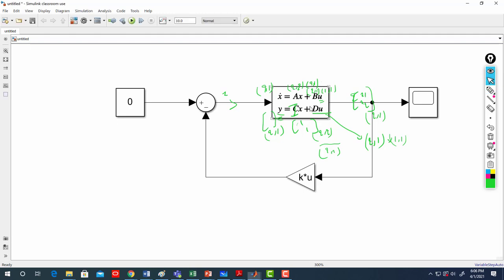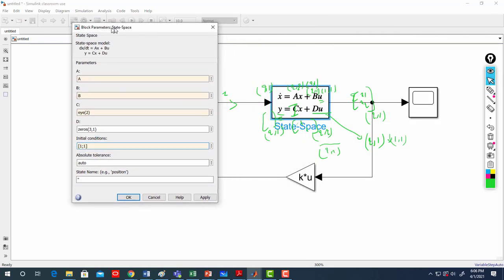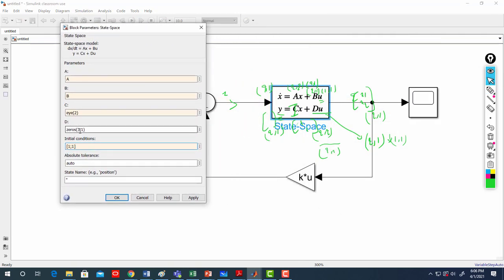Okay, so then talking about matrix D, of course it's 0 because y equals x, but you can put some dimension. It is 2 lines, 1 column. So 0 is in the sense D then is like this.